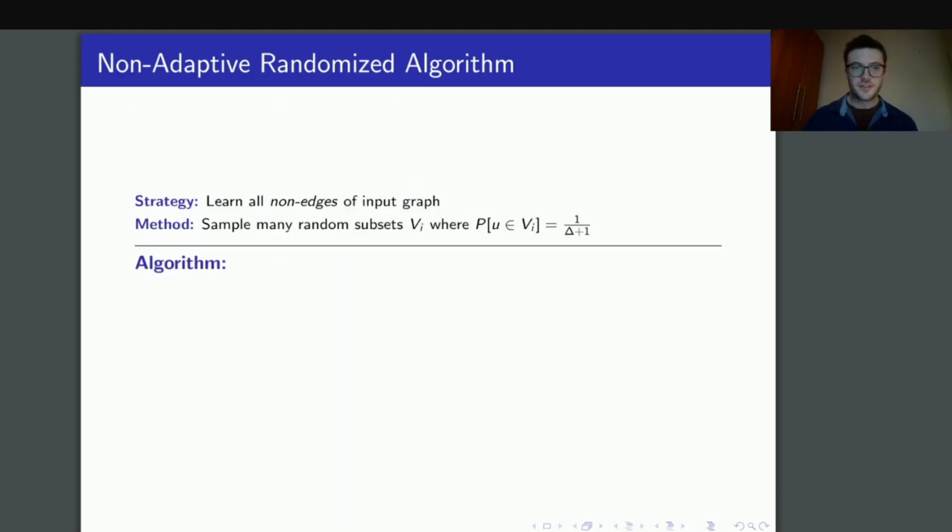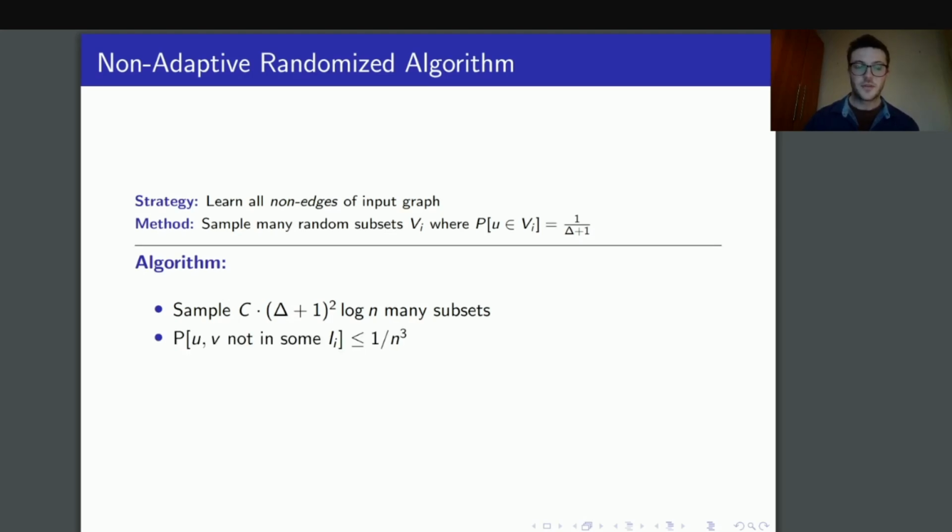So our non-adaptive randomized algorithm simply consists of sampling, for some large enough constant c, c times delta plus 1 squared times log n many subsets. In this case, the probability that for two specific vertices that share a non-edge, they are not contained in some independent set returned by an oracle answer to a query has to be less than or equal to 1 over n cubed.